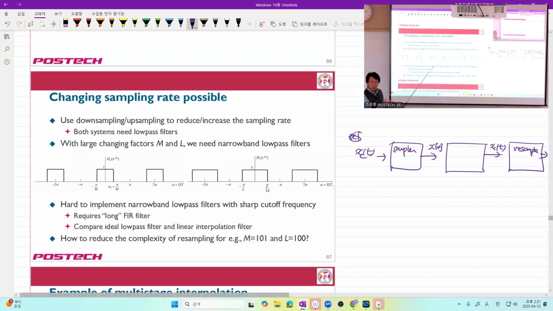But if the desired sampling rate is a rational multiple of the original sampling rate, then you don't need this CT conversion of the DT signal.